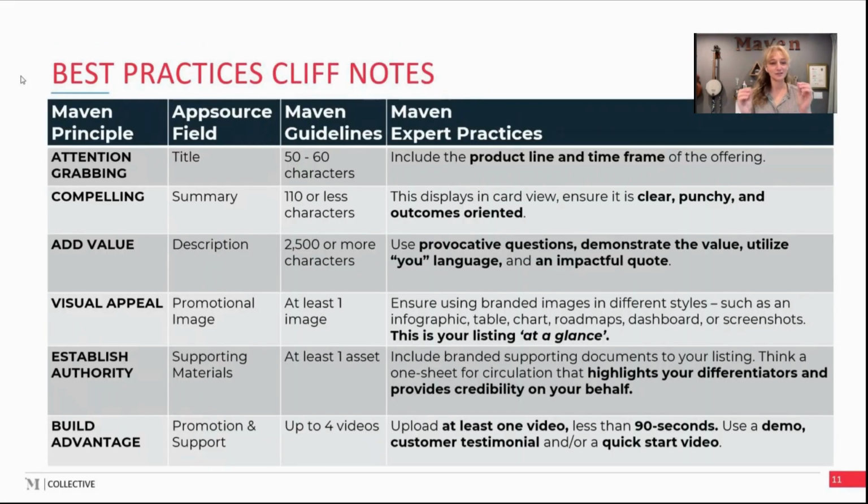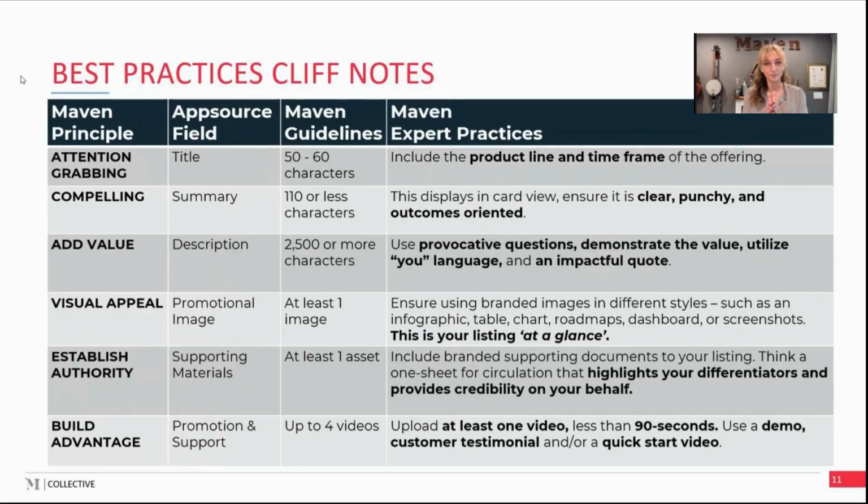This is our top six, I can count, six best practices of how you can today go improve your listing just by following these guidelines. So I've given you the guidelines around character count. That's important because AppSource will allow you to put in far more characters for an attention grabbing title, but that's where it gets truncated.